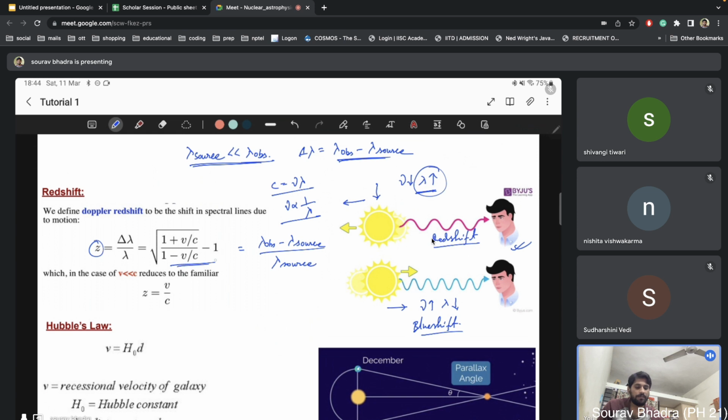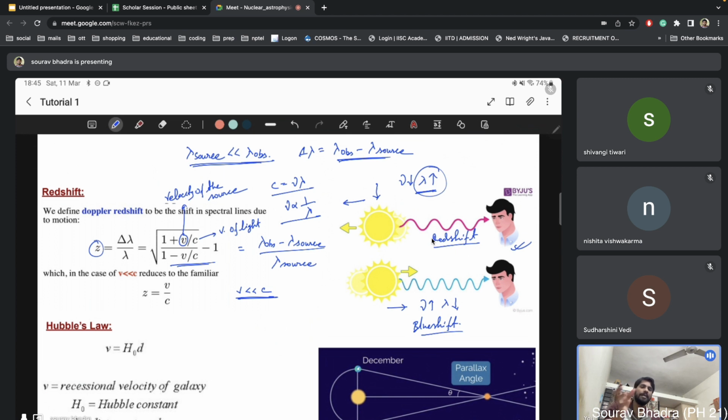Okay. And if your v is very much less than c, then, here v means the velocity of the source, and c is the velocity of light. These are different, right? Because the source is not moving with c velocity, it is moving with v velocity, which is very much less than c, because it is an extended source.